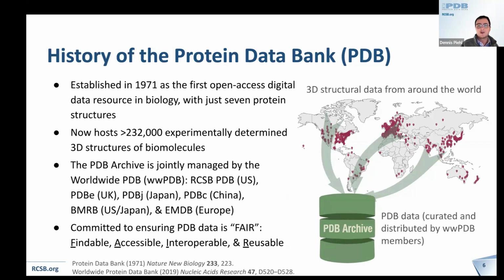The PDB archive is jointly managed by the Worldwide Protein Data Bank, or wwPDB, which consists of the RCSB PDB in the US, where we're based, PDBe in the UK, PDBj in Japan, PDBc in China, BMRB in the US and Japan, and EMDB in Europe. We are committed to ensuring that PDB data is FAIR, that is, that it remains findable, accessible, interoperable, and reusable. And we ensure that PDB data is made freely available to the public with no limitations on usage.